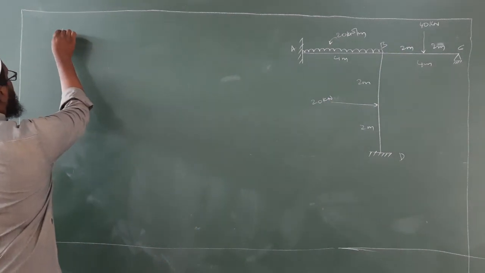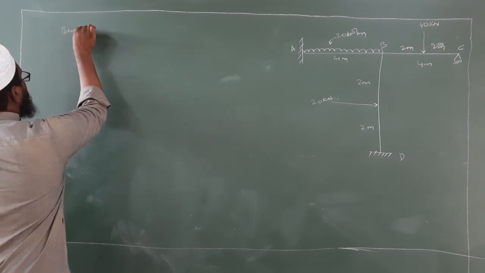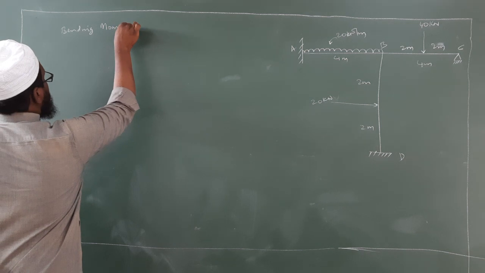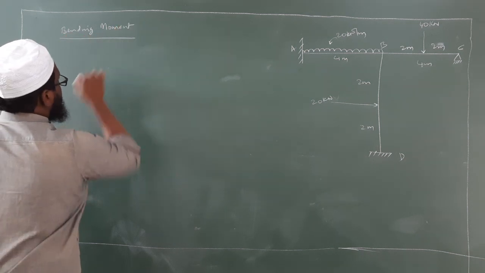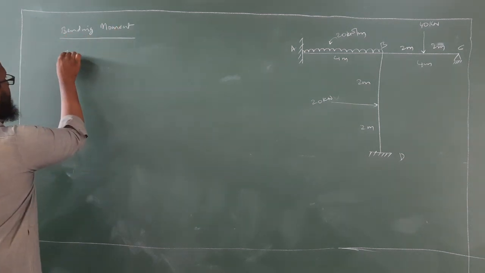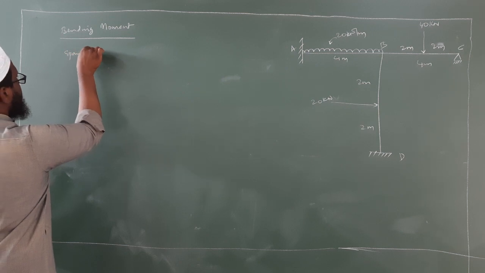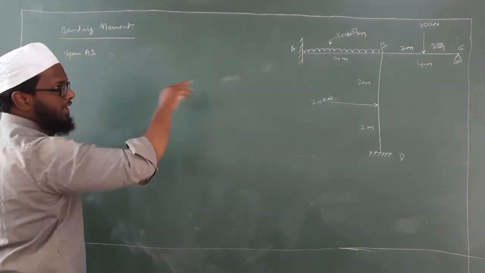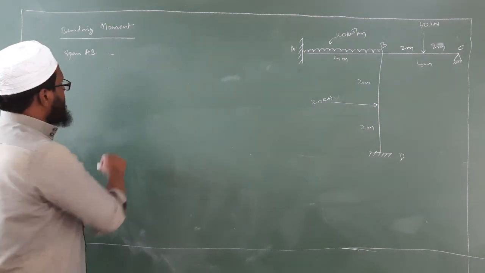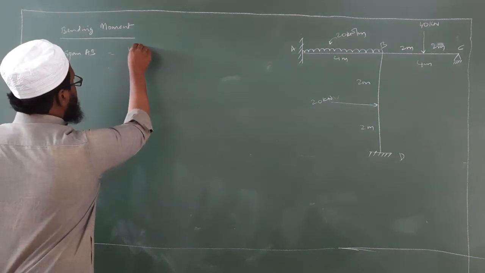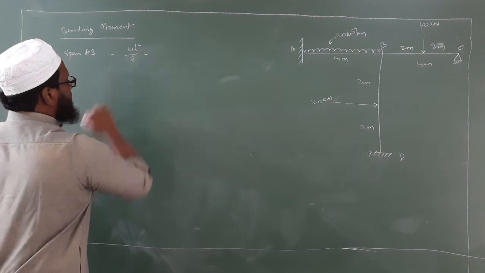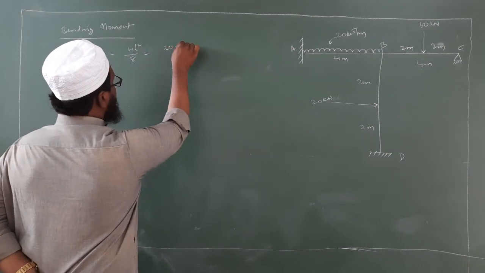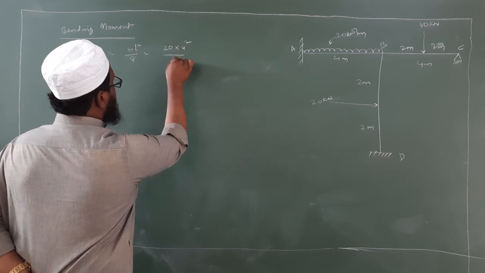So in case of bending moment for span AB, we have a UDL on span AB, isn't it? So WL square by 8. So what is W there? 20 into 4 square divided by 8.